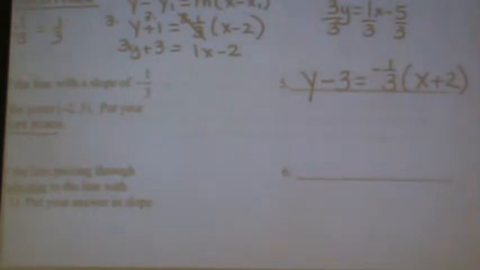Don't change this. Read the directions. It says point slope form, leave it. If you write this in slope intercept form, you're not answering my question. The question that I asked you is to write this in point slope form. Done.